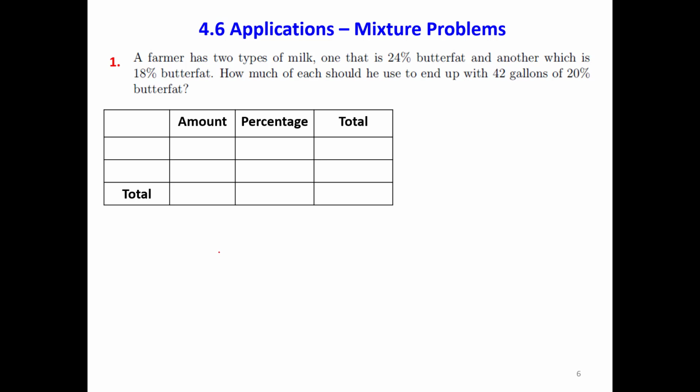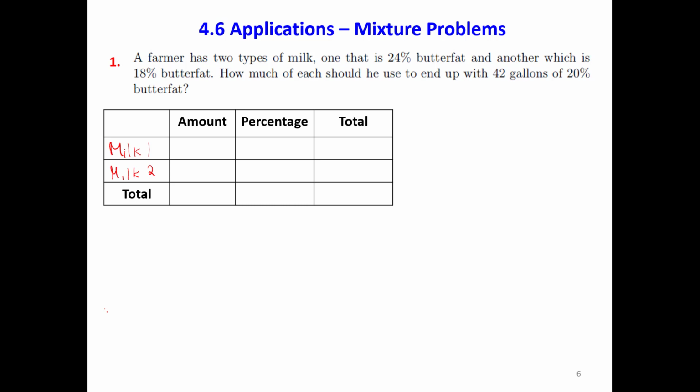In this case we have 2 different kinds of milk, and we can just write milk 1 and milk 2. Do we know the amount? Do we know how many gallons we had for each? We don't know.